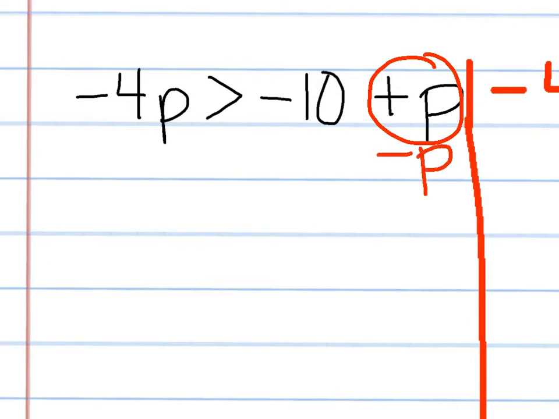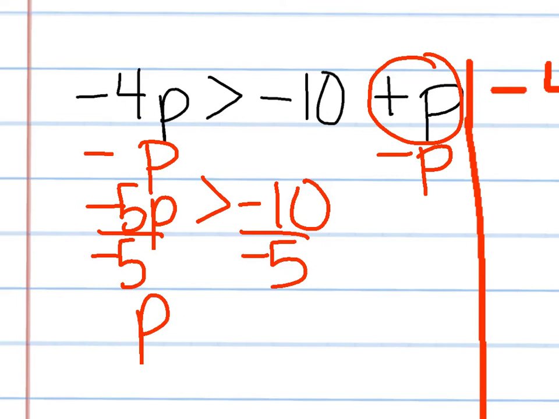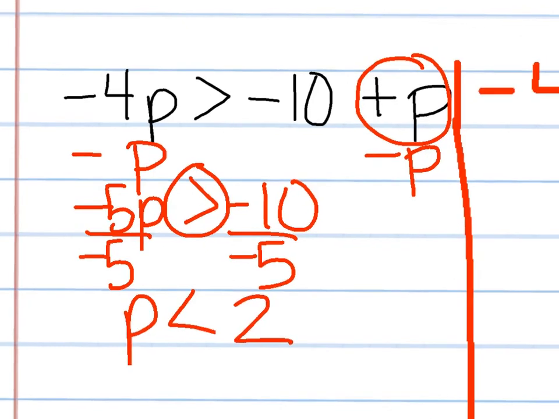When you move that p, it's positive, so we're going to subtract p from both sides. So we'll have negative 5p is greater than negative 10. And then we divide by negative 5. And we get p is less than, remember it's dividing by a negative, so we need to switch our inequality, p is less than 2.